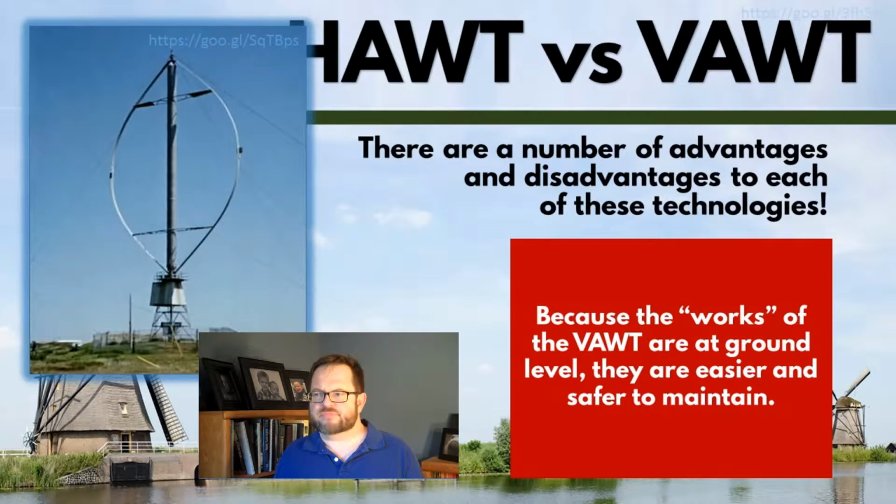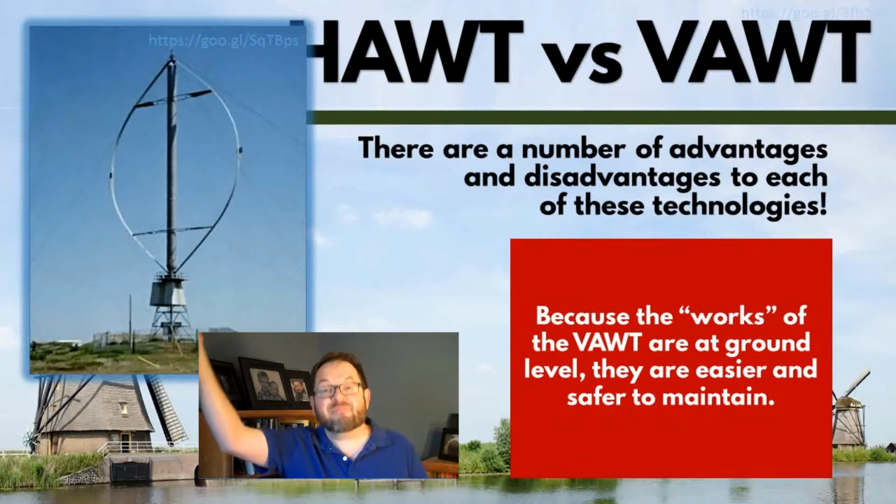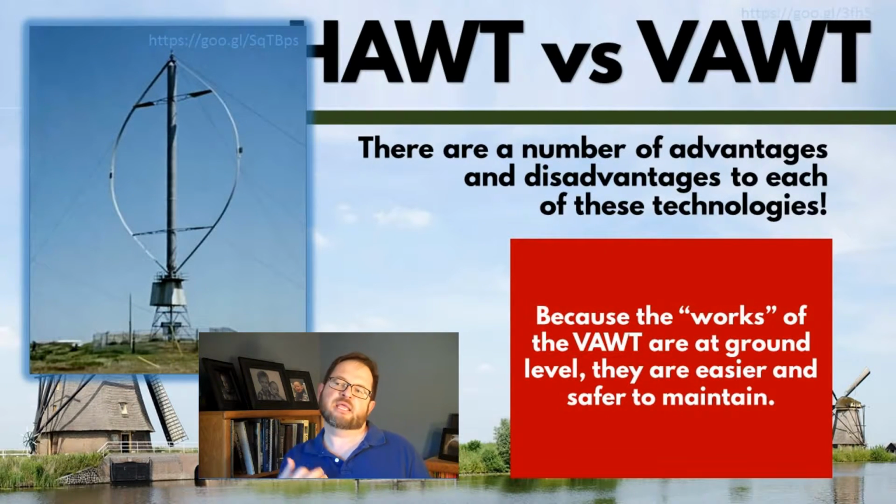Think of all the works that are up there at the top of the tower of a horizontal axis wind turbine, and you realize that all that machinery had to be put way up there, maybe 100 meters up, and people have to go up there to service it, and they have to have safety riggings and special training and so on. That is a big simplification when it comes to Vought.